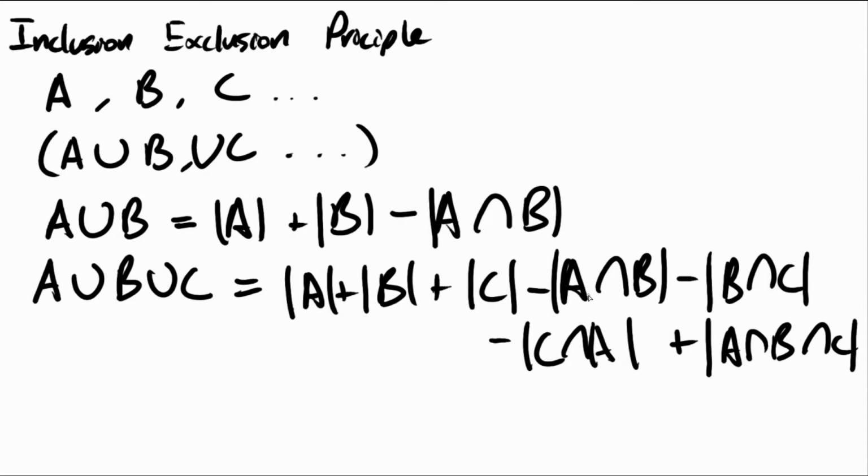But when you subtract these, you subtract the intersection between A, B, and C one more time than is necessary. It's sort of hard to comprehend, but it'll probably be easier later when I give you a problem.